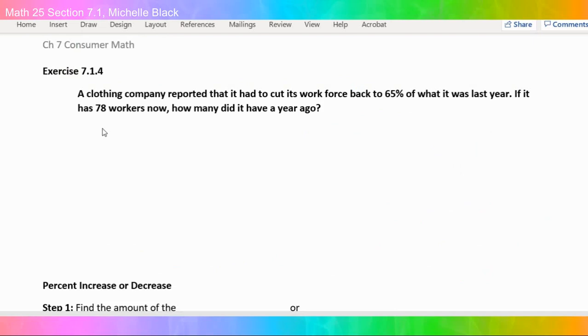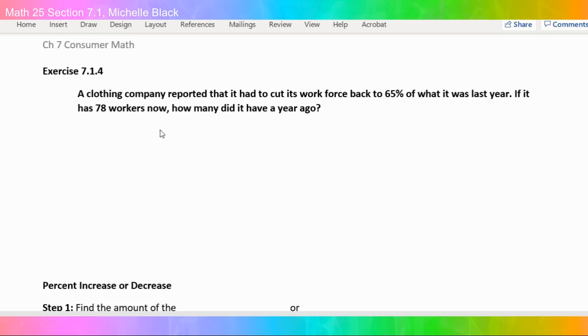Exercise 4. A clothing company reported that it had to cut its workforce back to 65% of what it was last year. If it has 78 workers now, how many did it have a year ago? Okay, so it has 78 workers now after it cut its workforce back to 65% of what it had last year.